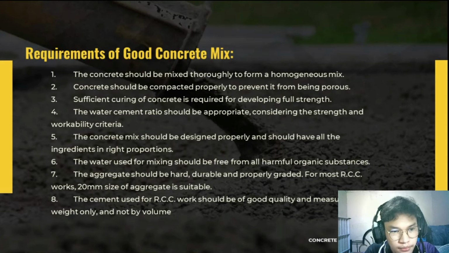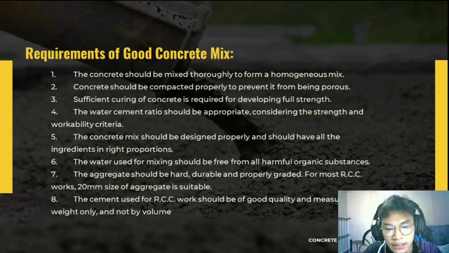Number 7. The aggregate should be hard, durable, and properly graded. For most RCC works, 20mm size of aggregate is suitable. So first, i-define muna natin ano ba ang RCC. Pag sinabing RCC, ito ay tumutukoy sa Reinforced Cement Concrete. So yung Reinforced Cement Concrete ay concrete lang din siya na mayroong steel sa loob.